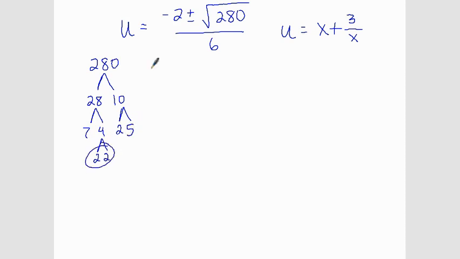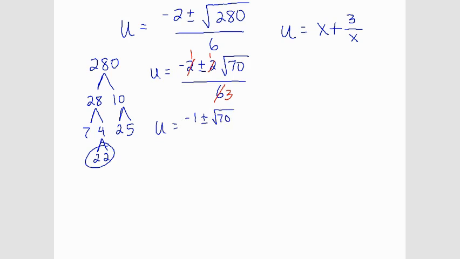So we get u is equal to negative 2 plus or minus, we get 2, we get 10, so 2 root 70 over 6, and then we'll simplify here, and simplify here. So we get u is equal to negative 1 plus or minus root 70 over 3.